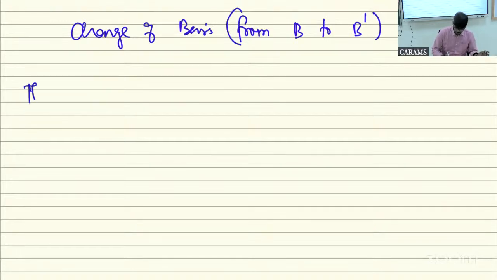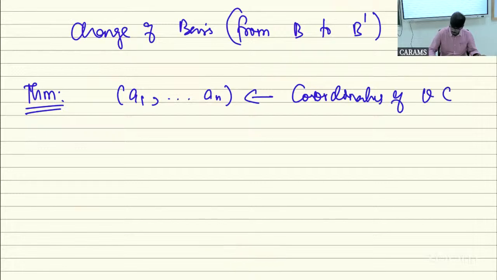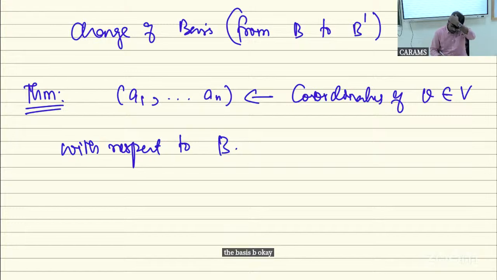Okay, I'll write the theorem so that you will be happy, I guess. Suppose you have A1 and so on up to AN as the coordinates of a vector V with respect to the basis B. Now we want the coordinates of V with respect to B prime.